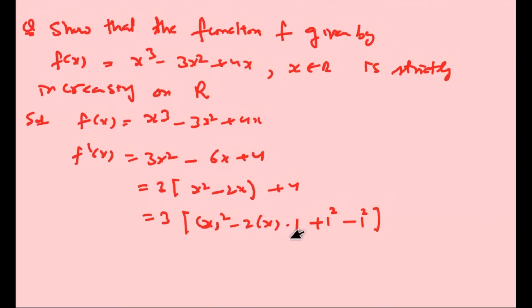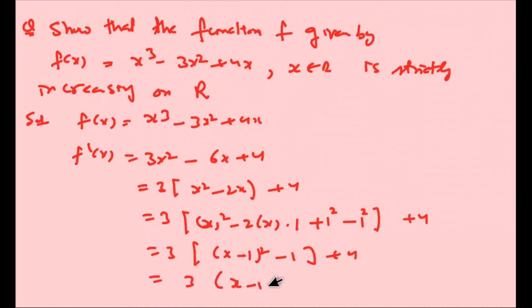Now this is a perfect square plus 4. We can write 3 times (x minus 1) whole square minus 1 plus 4. Open this bracket, we can write 3(x minus 1) square minus 3 plus 4. Now we can write this as 3(x minus 1) whole square plus 1.